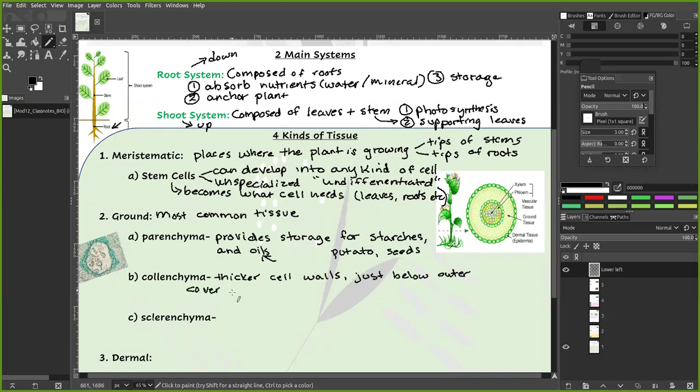And its function is to support the stem. An example of this would be the strands just below the surface of celery.